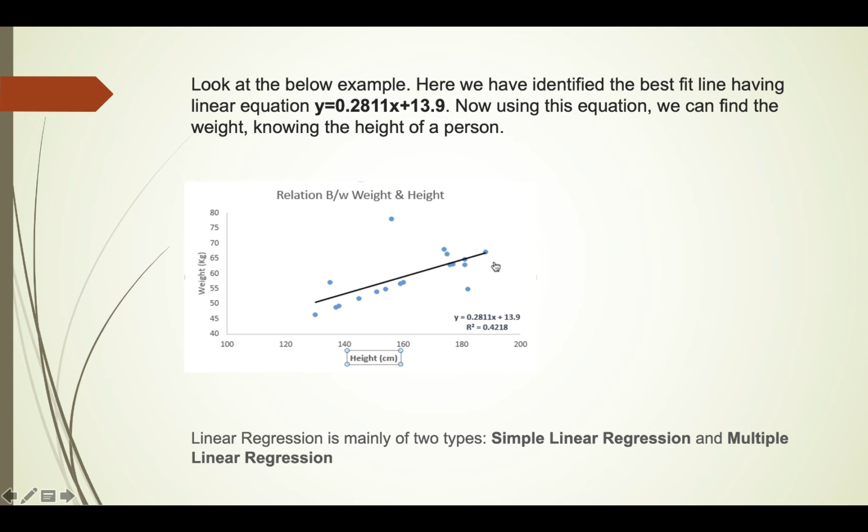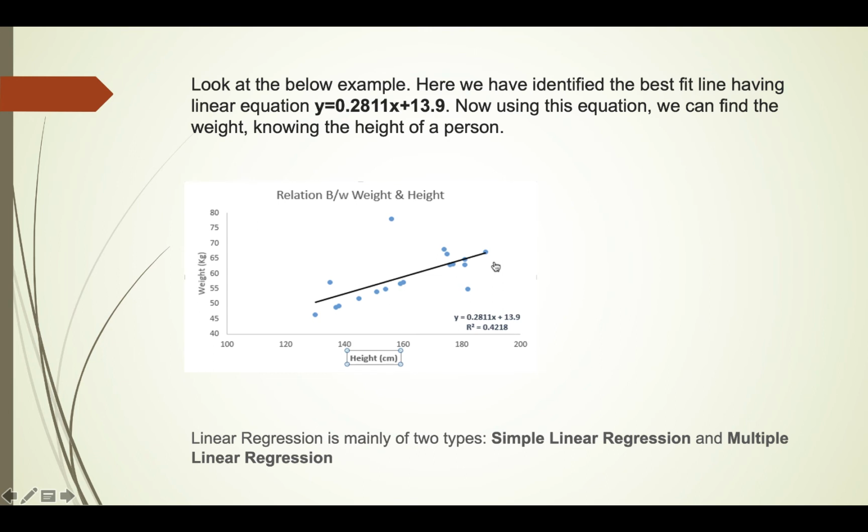It should always be a linear relation. Even sometimes outliers will affect the model also. The major applications of linear regression are trend estimation, sales analysis, stock price analysis, forecasting. So many use cases.